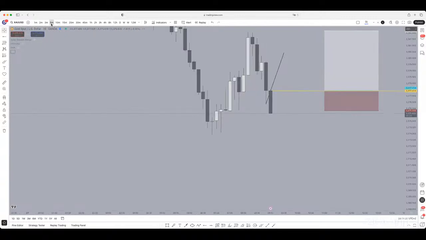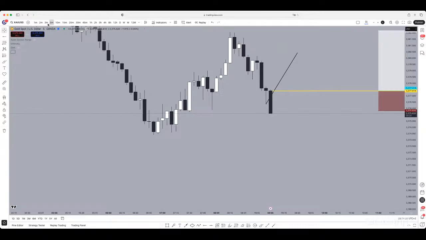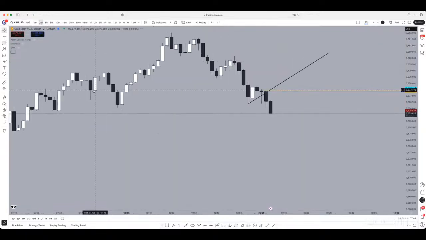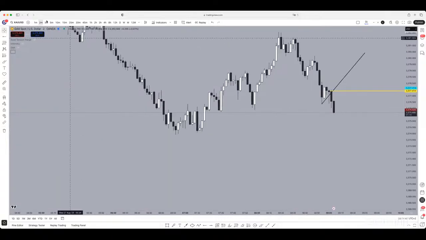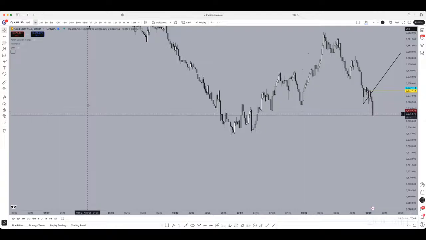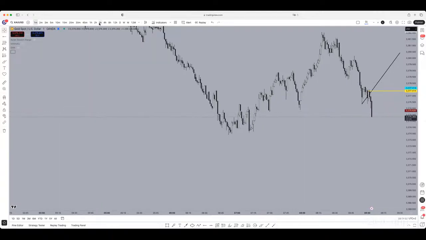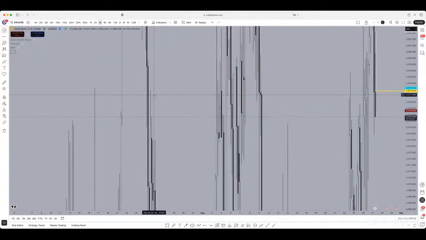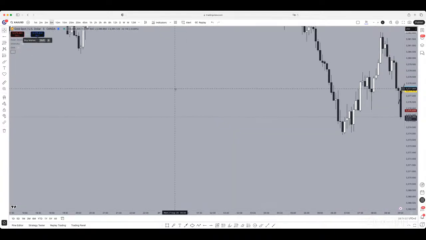Perfect. 5 minute. Perfect. 3, 2. Don't see anything at the moment to be able to prop it up, that's the problem. I don't have a round candle down here. But I am not convinced with this move. Where's the 3 hour? Yeah, I'm not convinced with this move. So what's the next thing that we've got to pay attention to?